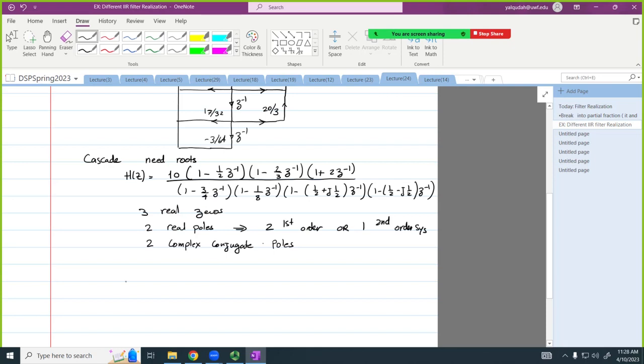And the two complex conjugate poles, we're going to implement them using one second order section. So therefore, we're going to write H of z as the following.